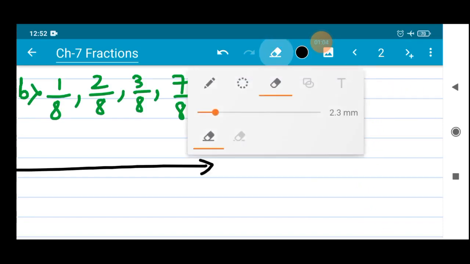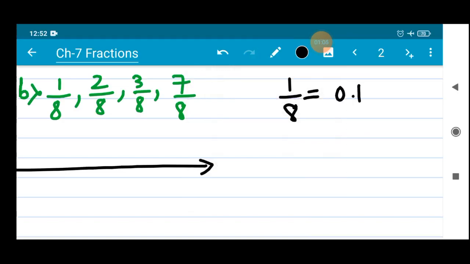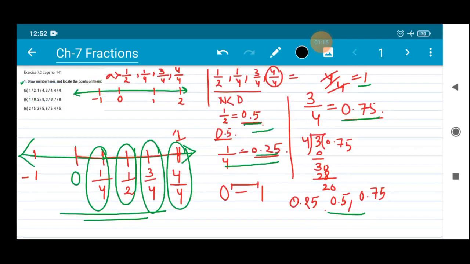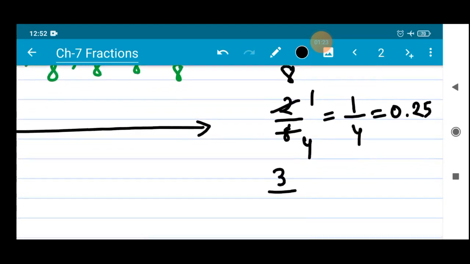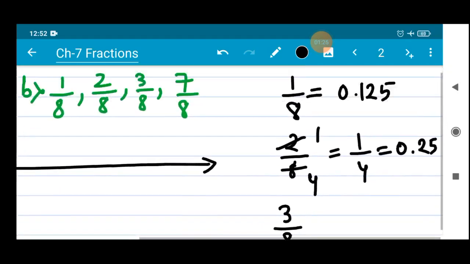Next we have 2 by 8. 2 fours are 8, so we can write 1 by 4. For 1 by 4, what we calculated in the previous sum is 0.25, so I can write that directly, 0.25. Now 3 by 8, I have to express this now.